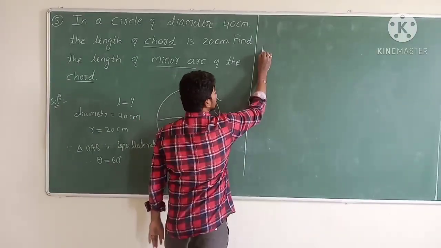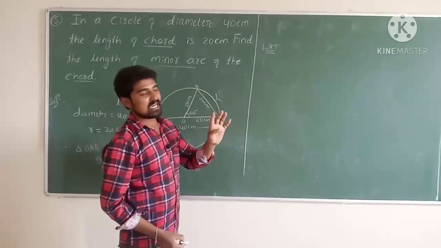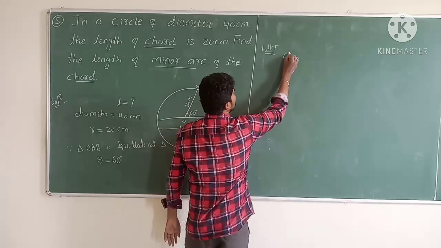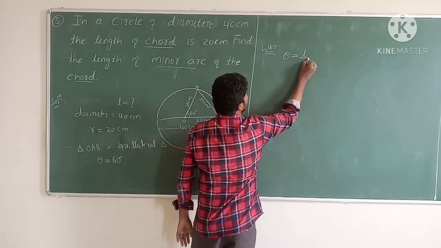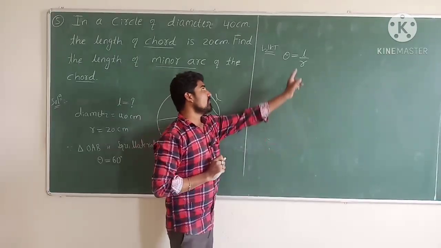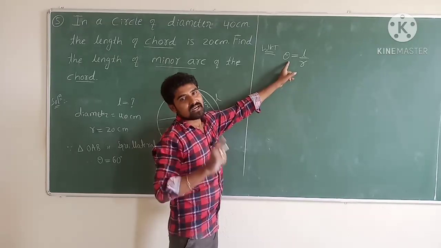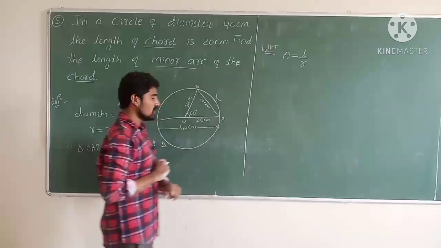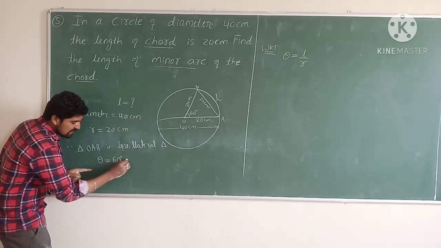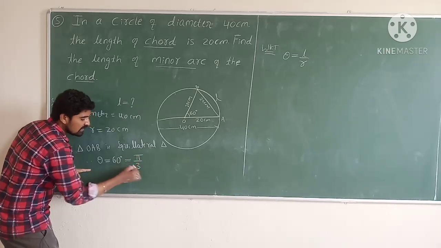We know that the relation between theta, arc length and radius of the circle is theta is equal to l divided by r. But the condition is that when substituting the value of theta in this formula, the angle should be in radians. Now we have 60 degree measure. So 60 degrees is equal to how many radians? Pi by 3 radians.